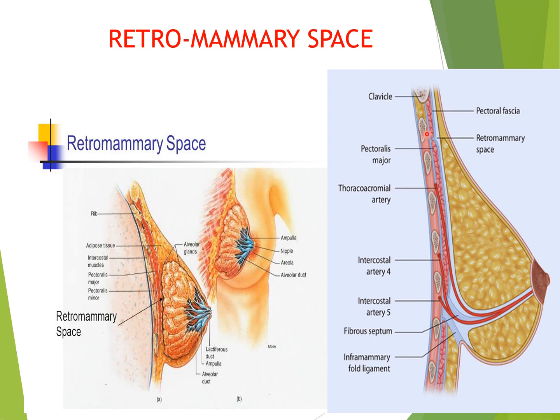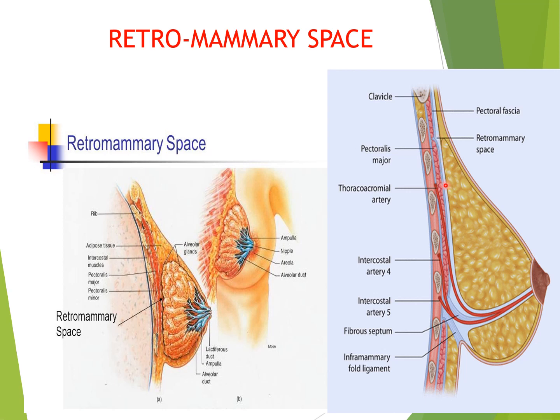In the blue area, you can see the retromammary space. It lies between the base of the mammary gland and the structures forming the mammary bed, that is the pectoralis major.